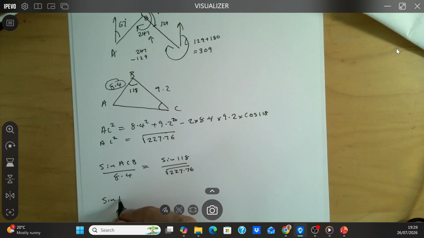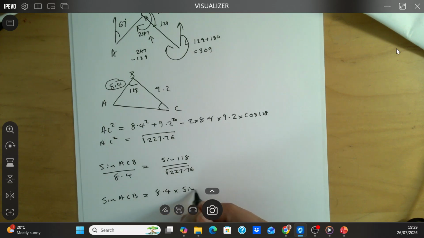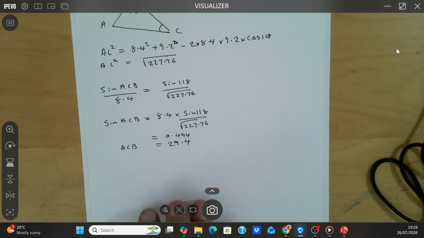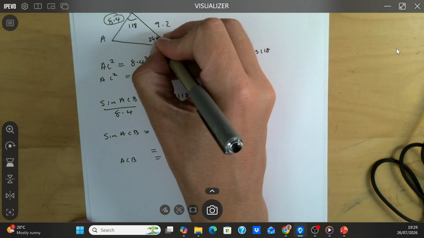So sine ACB was 8.4 times sine 118 divided by the square root of 227.76, which equals 0.494. So ACB equals 29.4. So I've got that angle here, which is 29.4.